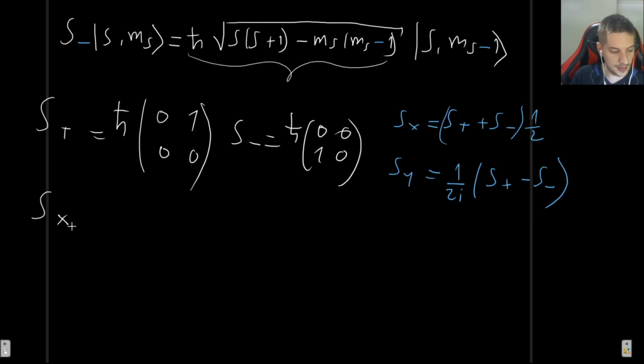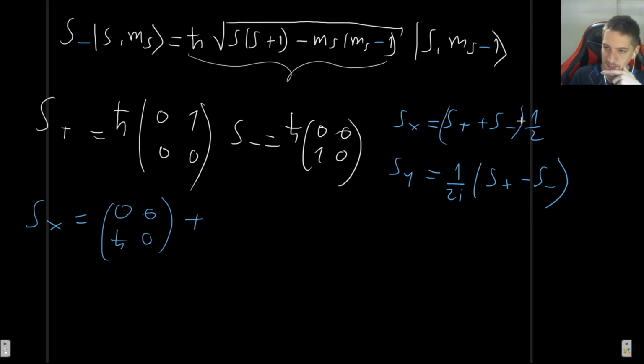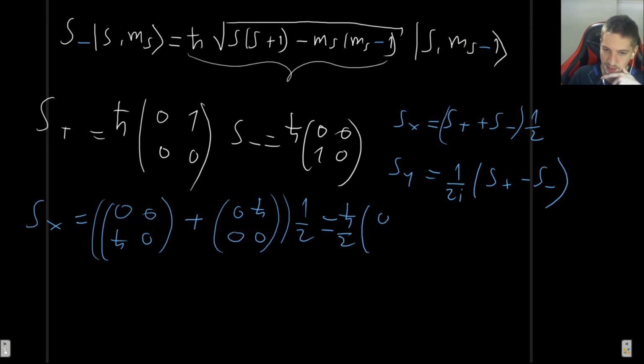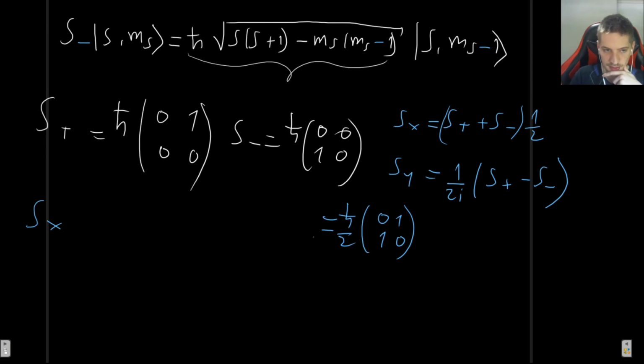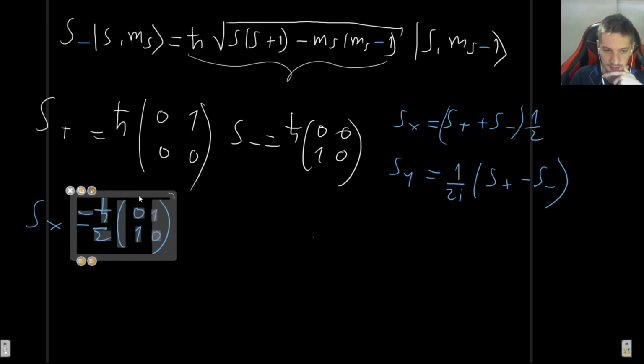Sx is simply S plus, so that's going to be 0, 0, h bar 0, plus S minus, so 0, h bar 0, 0, and all of this times 1/2. So this is simply going to be h bar divided by 2. We can factor it out. 0, 1, 1, 0. This is going to be Sx.